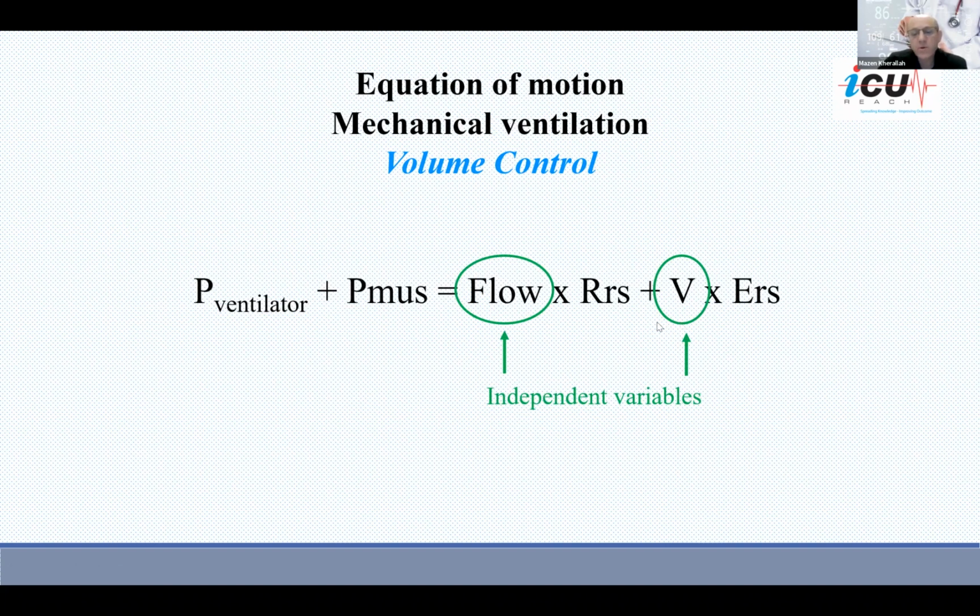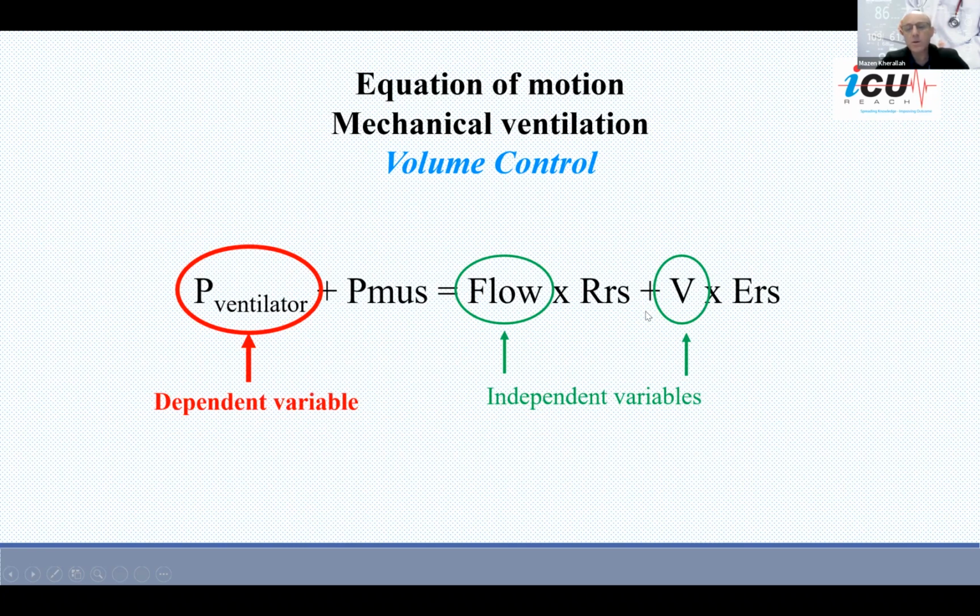Of course, you set the volume by setting also the flow. There's no way you can set the volume without setting the flow. And then the pressure on the ventilator is dependent on the respiratory resistance and the respiratory system elastance.